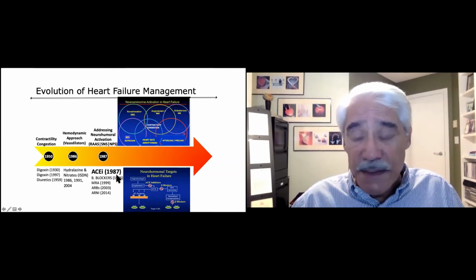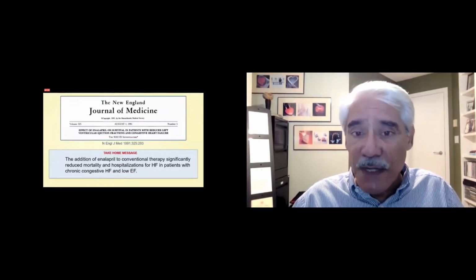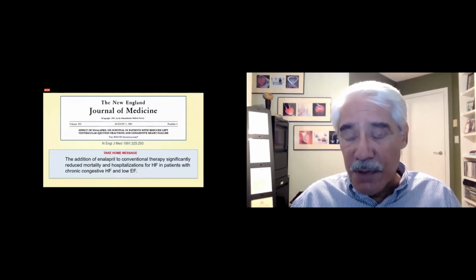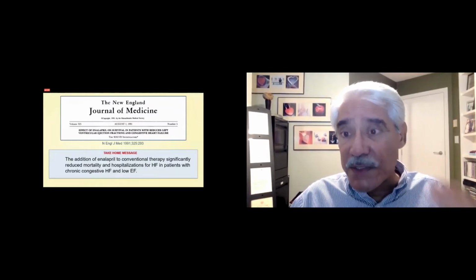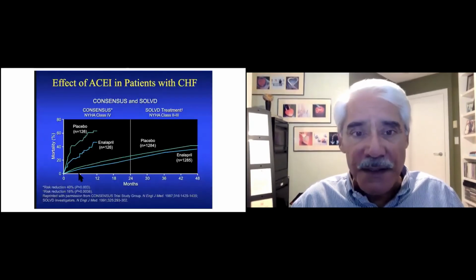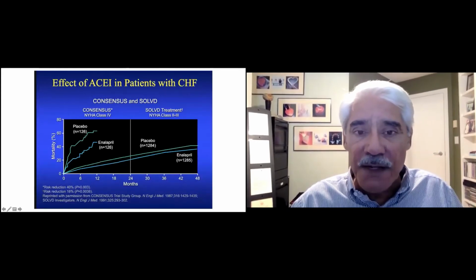So ACE inhibitors were studied in the late 80s, and one of the pivotal trials was the SOLVD trial, where enalapril was tested against placebo in patients with systolic heart failure with reduced ejection fraction. And the original study was the CONSENSUS study in class 4 heart failure patients, which showed a dramatic benefit with ACE inhibitor therapy.